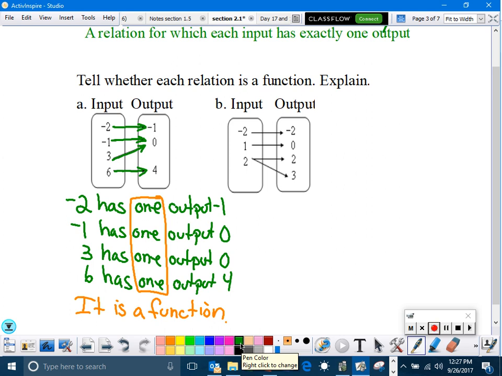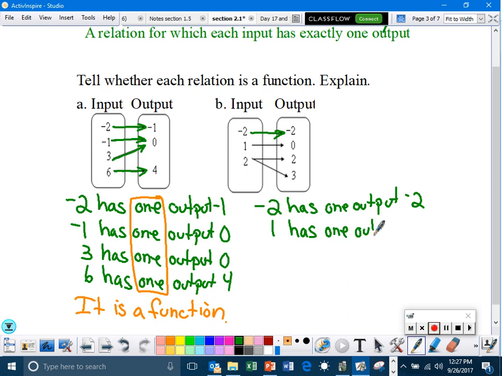Okay. Looking at the next one, I'm going to do the same thing. -2 has one output, -2. 1 has one output. That would be 0. 2 has two outputs, 2 and 3.